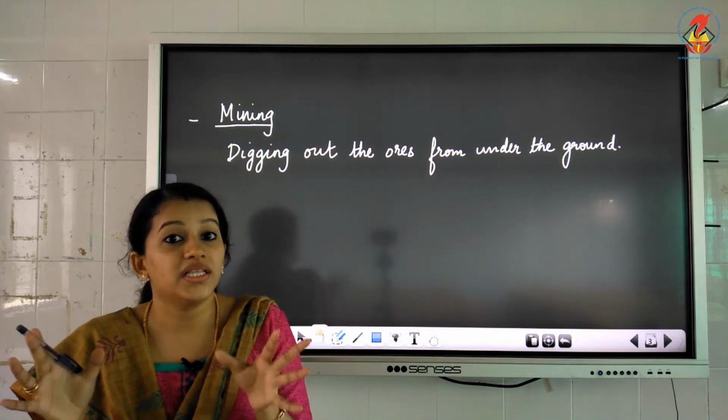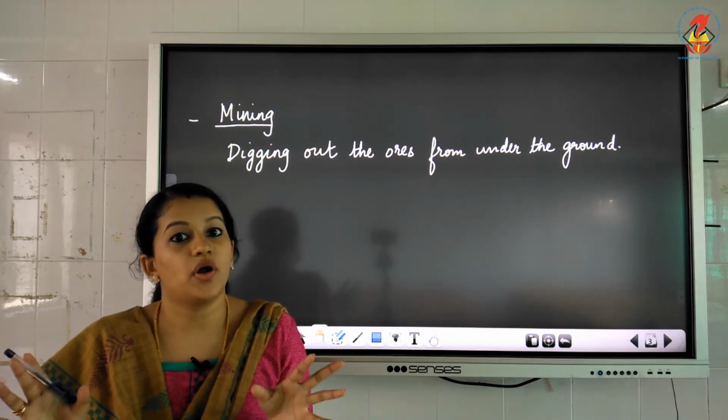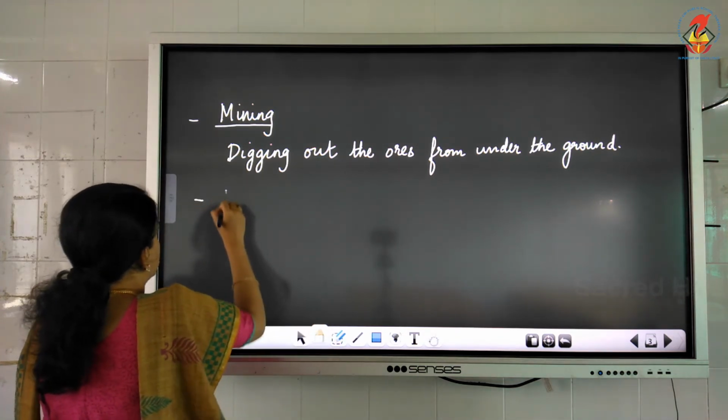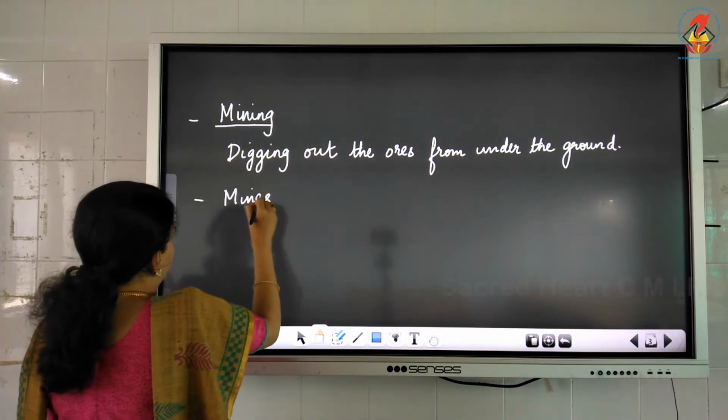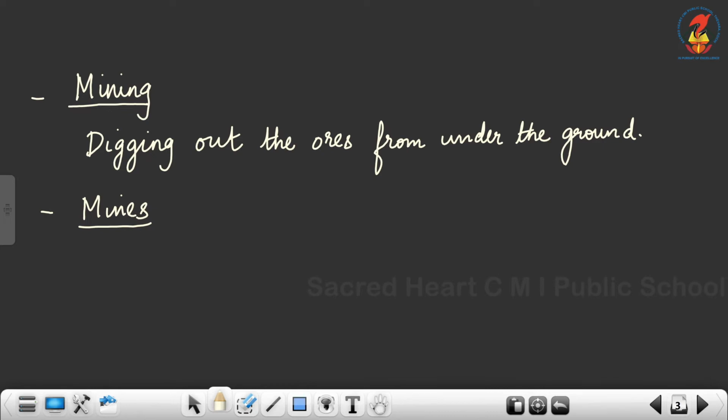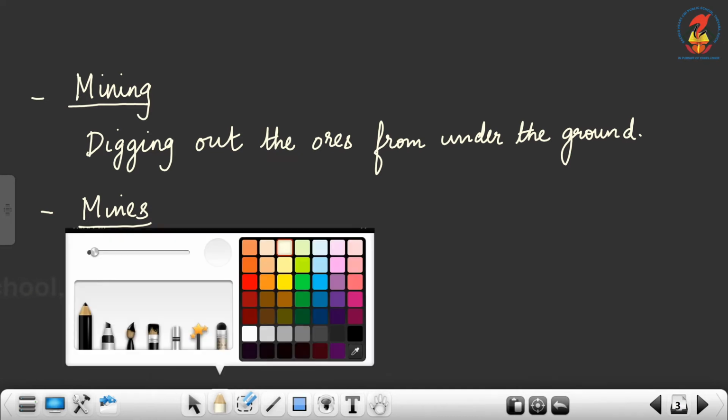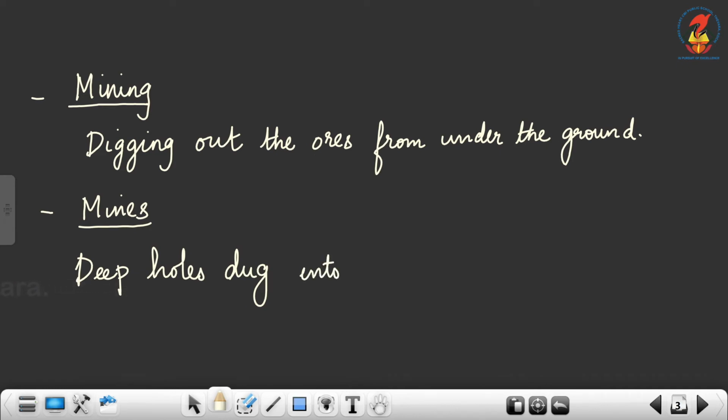And the places where this digging process happens are known as mines, or simply a mine. A mine can be defined as deep holes dug into the ground, or into the surface of the earth, to take out ores.